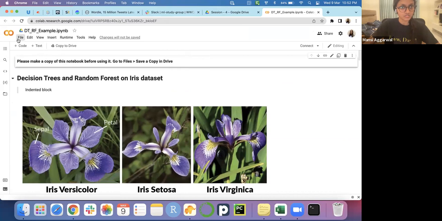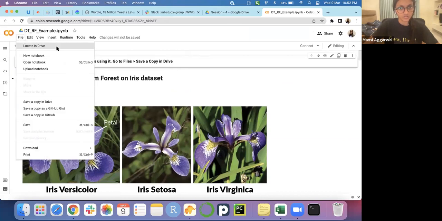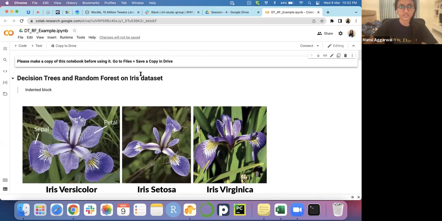Also make a copy, save a copy in Drive. I'll not do that because I have this current copy. When you make a copy, you'll be able to edit your particular notebook as well. So just do that, and I'm giving you 10 seconds to do that. Open your copy so that you can edit as we go along.